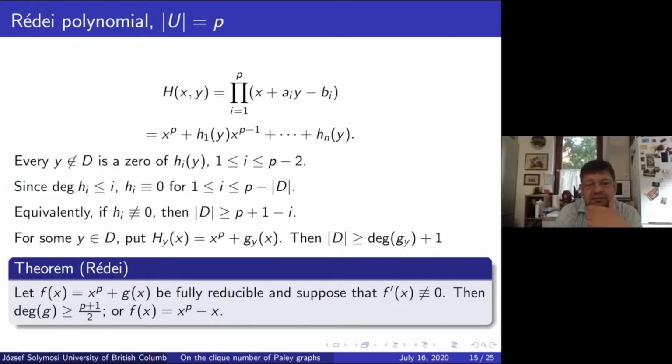So the theorem is that if you have this form, x to the p plus g x, and it is fully reducible, then the degree of g, the second term, is at least (p plus 1) over 2.